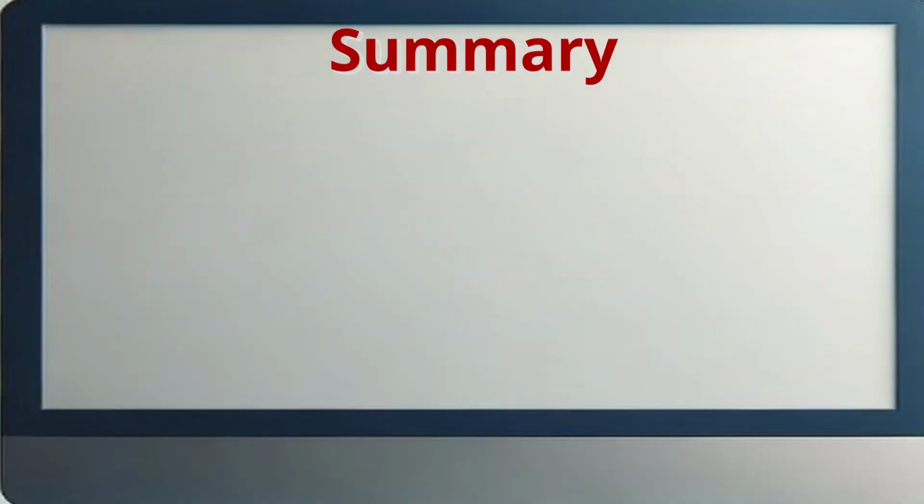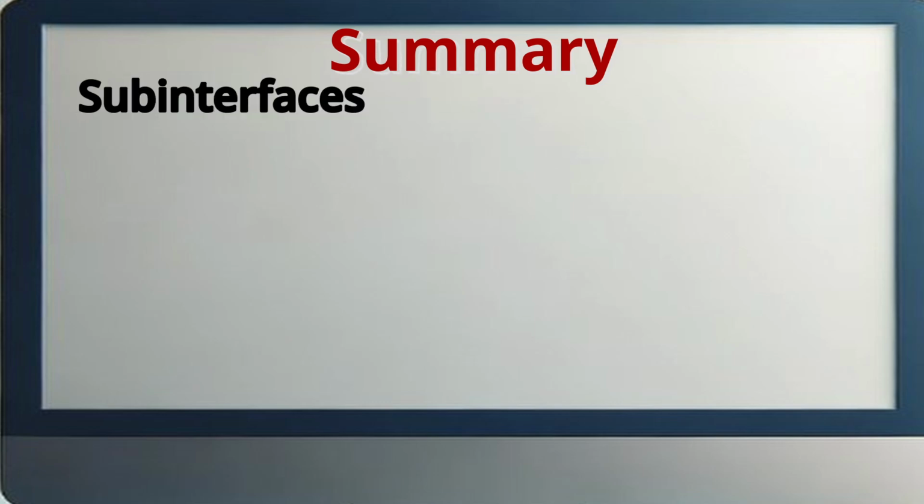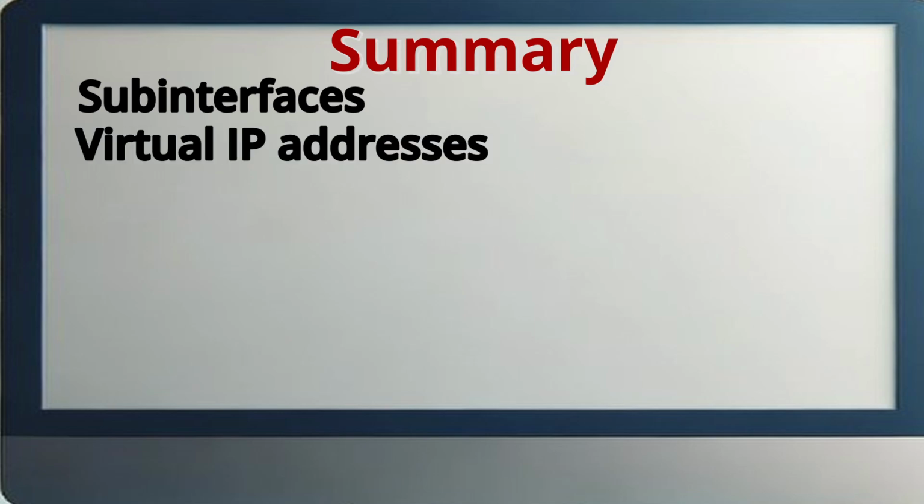That's it for this lesson. In this lesson, we discussed how physical interfaces can be divided into numerous virtual subinterfaces and that these subinterfaces can be assigned layer 3 parameters like dynamic routing protocols and virtual IP addresses. Then we talked about how virtual IP addresses work and looked at how they're used in dynamic routing protocols.